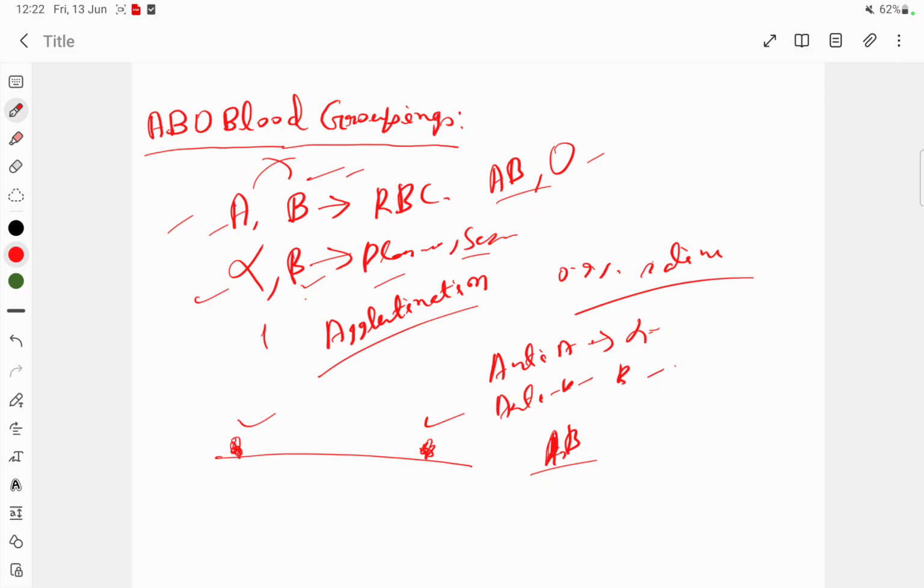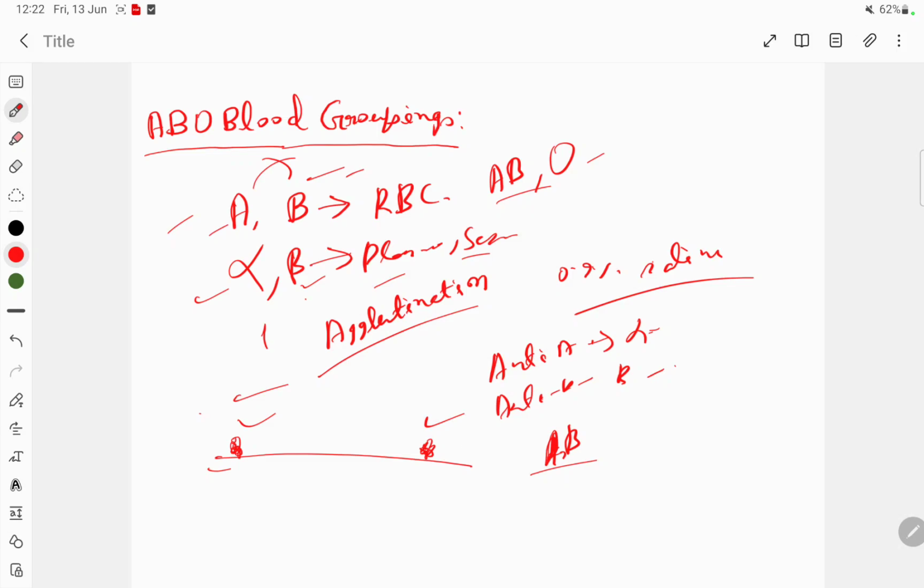Now we can check the agglutination either by naked eye or under the microscope, by keeping the slide for 2 minutes as it is, and then checking. Now if agglutination occurs only with anti-A or alpha antibody, it is group A because the blood consists of A antigen.